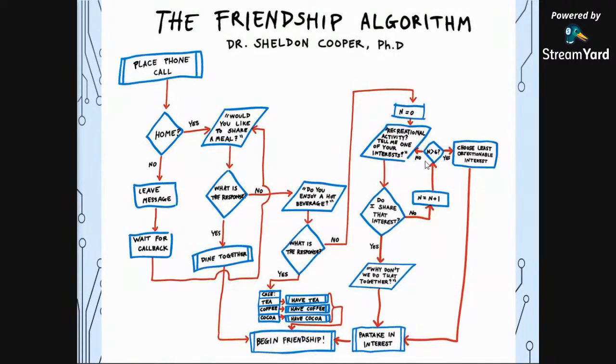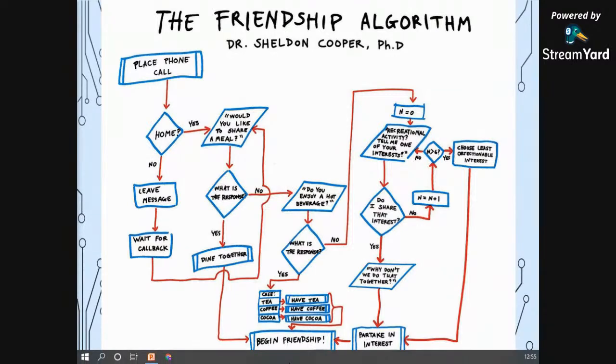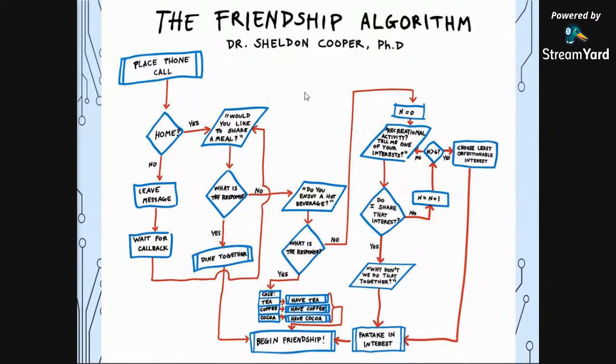And if the counter is over a certain amount, then it will say to choose the least objectionable interest, so the one that they are least likely to argue over, and then he will partake in that interest. Okay, and then begin the friendship. Now obviously this is a very silly algorithm, but you get the idea of what's happening here. There is a flowchart being used, so it goes from one point to the next.